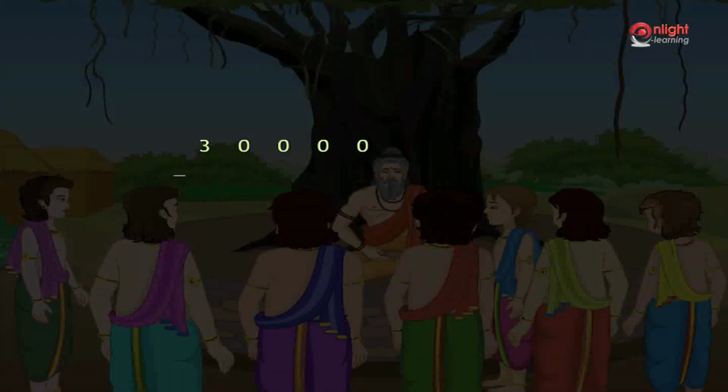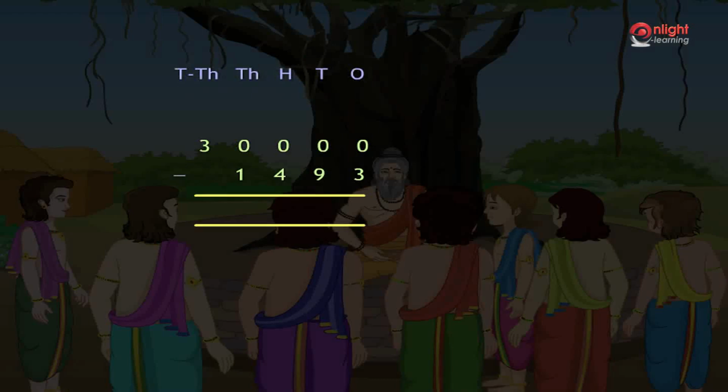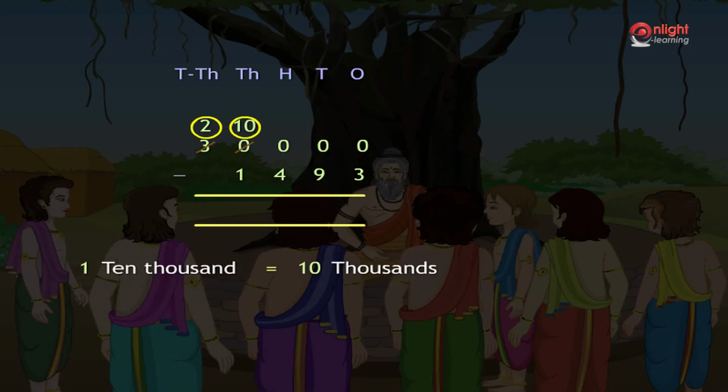First we start regrouping from 10,000's place. That is, we borrow 1 from 10,000's place, that is, 1 ten-thousand to thousands place. So 3 in 10,000's place, that is, 3 ten-thousands reduced to 2 ten-thousands. 0 in thousands place changes into 10 thousands, by taking 1 ten-thousand from 10,000's place, as 1 ten-thousand is same as 10 thousands.